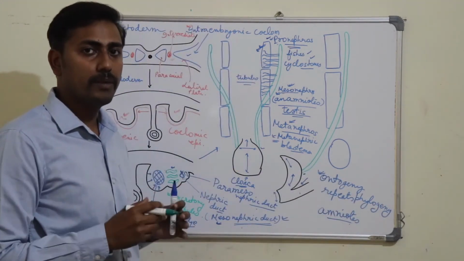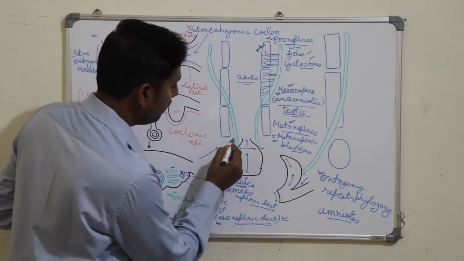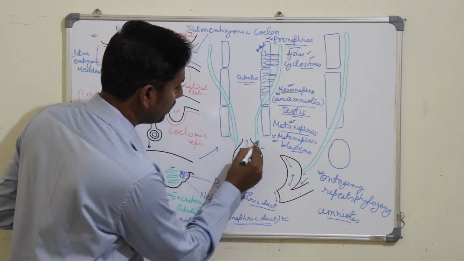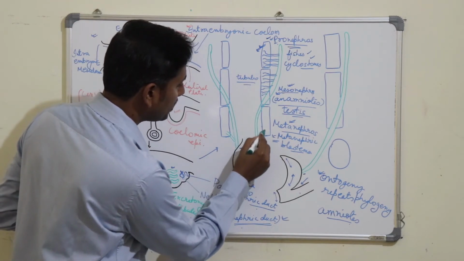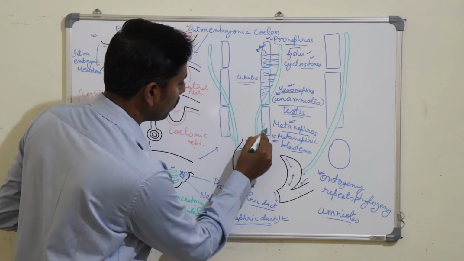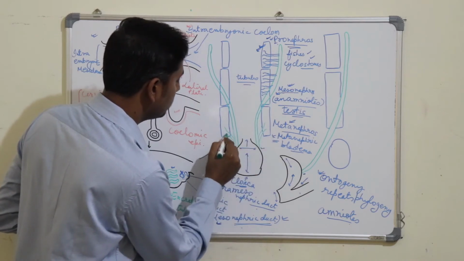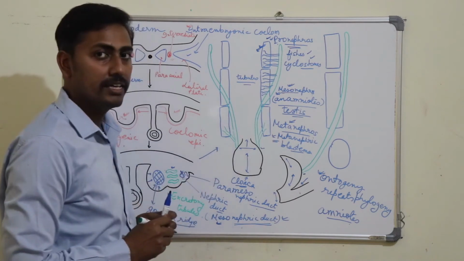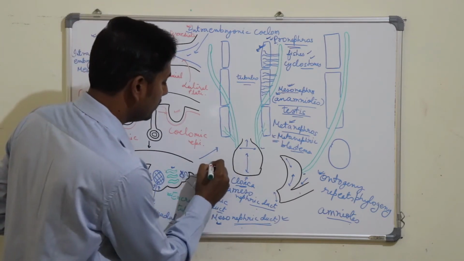Now, a small bud appears from the mesonephric duct just above its opening into the cloaca, which grows cranially towards the metanephros or metanephric blastema and grows into it. This structure or bud is known as the ureteric bud.